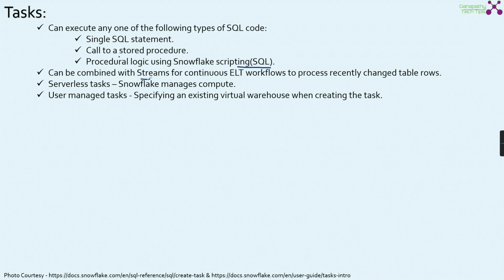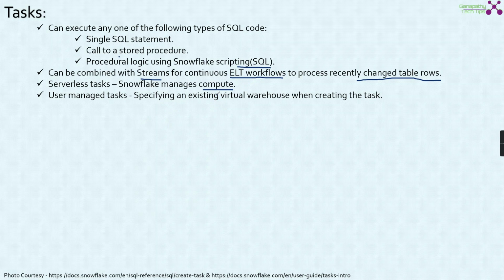Tasks can be combined with streams for continuous ELT workflows to process recently changed table rows. This is all about change data capture, part of the Snowflake streams which we are going to discuss in the same video. There are two different types of tasks currently available. One is the serverless task where Snowflake manages the compute part of it.